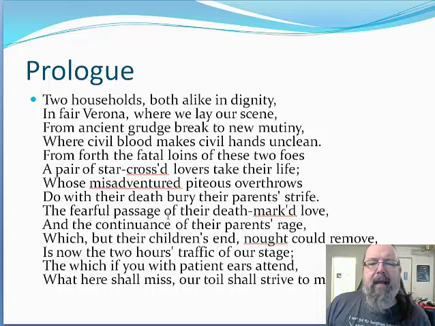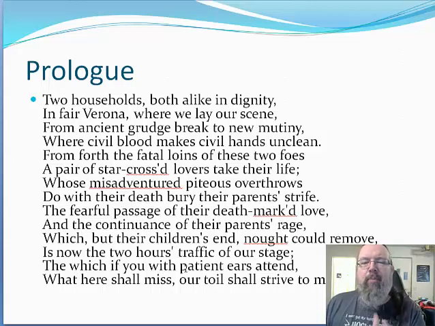Now the fearful passage of their death-marked love and the continuance of their parents' rage, which but their children's end naught could remove, is now the two hours' traffic of our stage. The which, if you with patient ears attend, what here shall miss, our toil shall strive to mend.